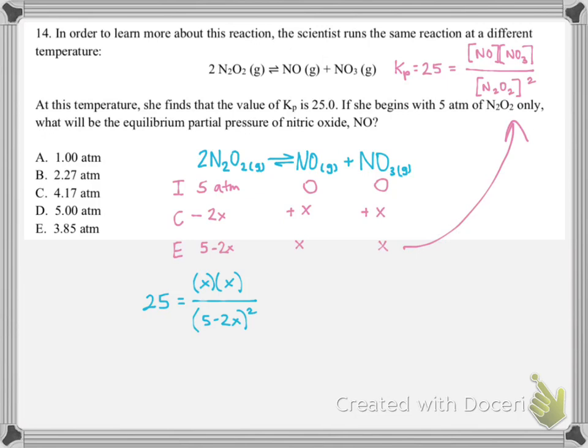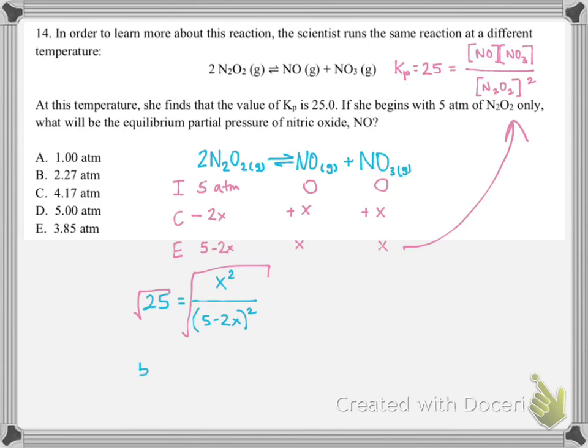And so you guys can probably see that we can take our numerator and reconfigure it to be x squared. So now we have something squared on the top and something squared on the bottom. And so we can go ahead and take the square root of both sides of our equation. And that'll make the algebra a lot nicer.